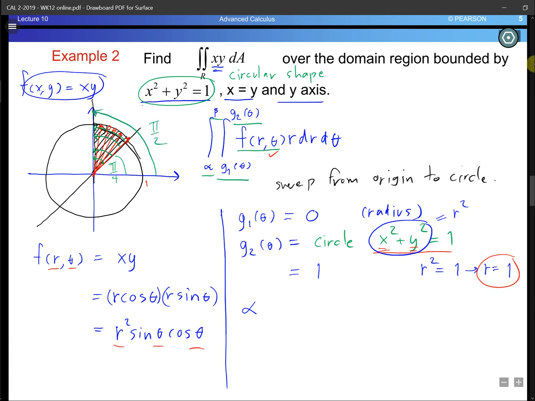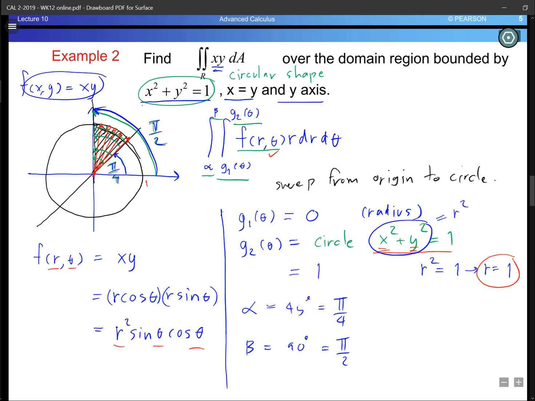So from this you know right away alpha starts from 45 degrees, equal to pi over 4, and beta, which is the end point of the angle sweeping, is 90 degrees, equal to pi over 2. Starting at 45 degrees and ends at 90 degrees.